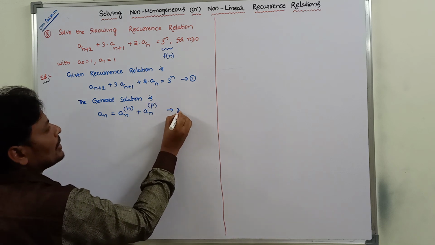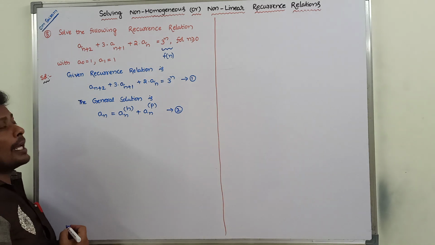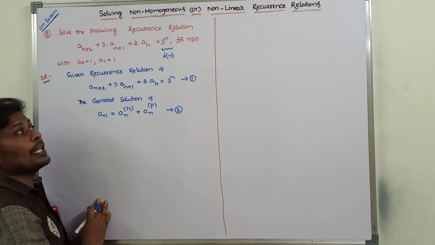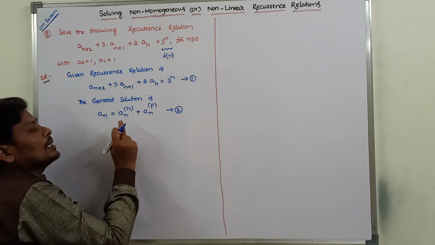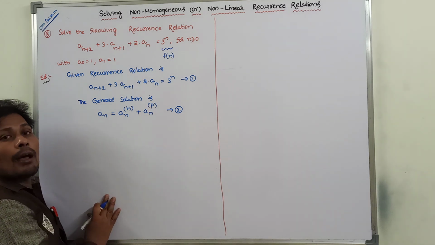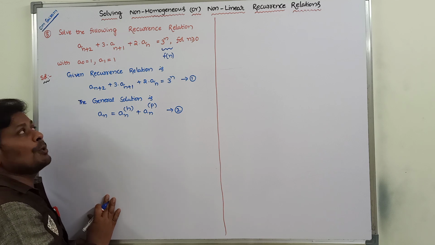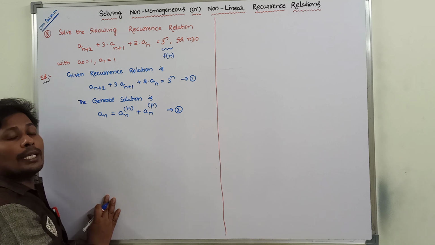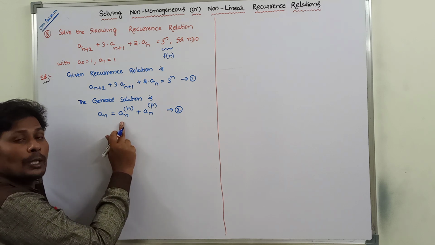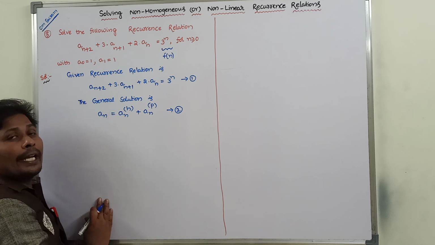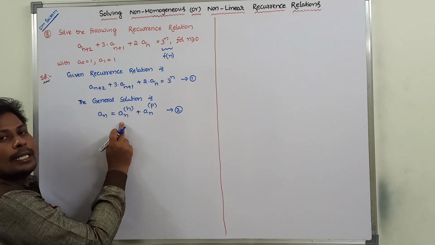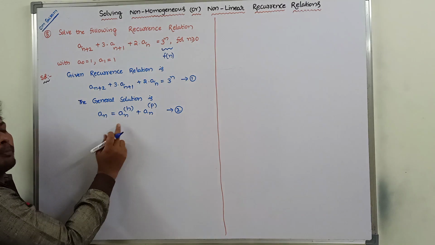So this is equation 2, where a suffix n power h is the solution of the homogeneous recurrence relation when f of n value is equal to 0. Next, a suffix n power p is the particular solution when f of n value is not equal to 0. When we combine these two sub-solutions, we get the final solution to the given problem. First, we have to find this solution a suffix n power h.